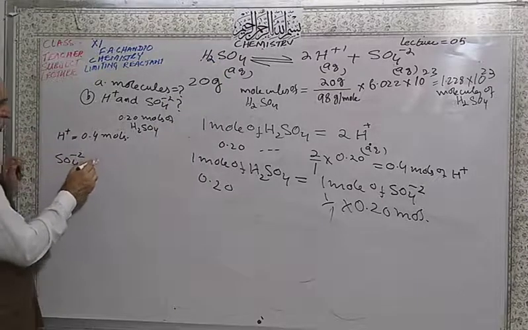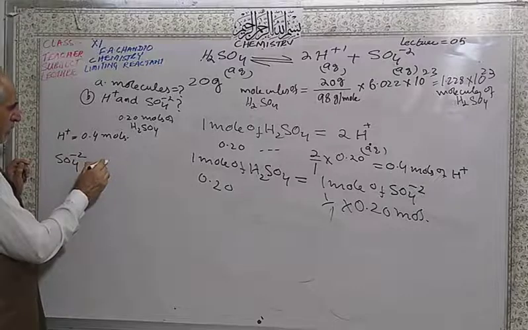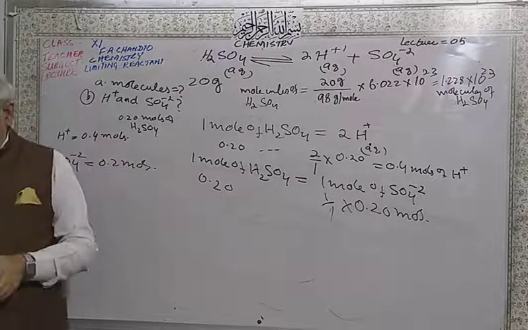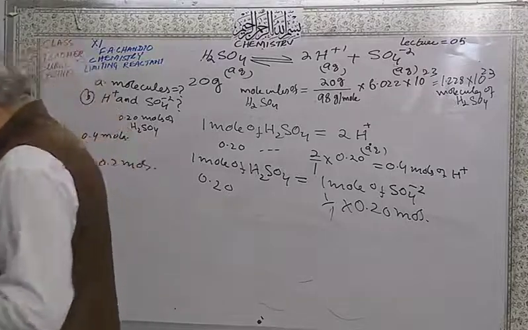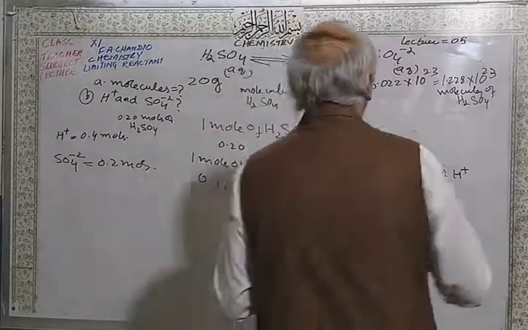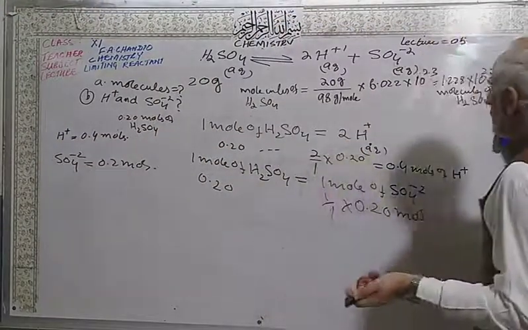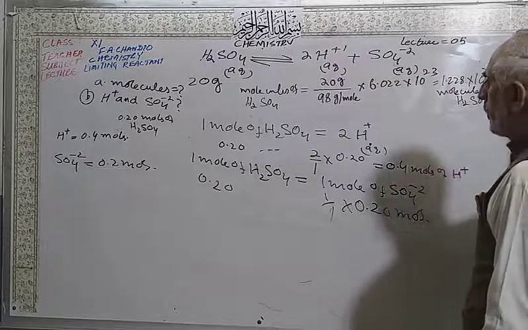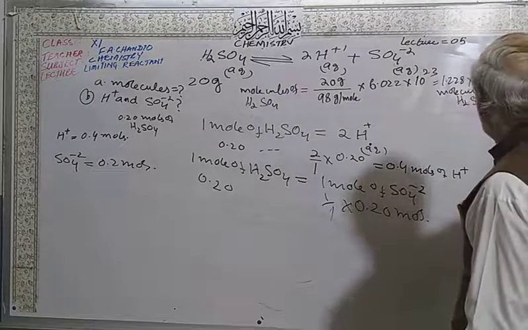Sulfate ion moles will be 0.2 moles. These are the number of moles of the hydrogen ions and sulfate ions. Very simple. Note it, please. Hurry up, note it, then I will find the number of ions.